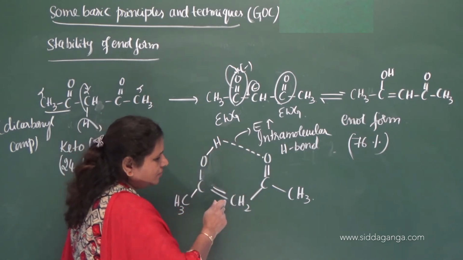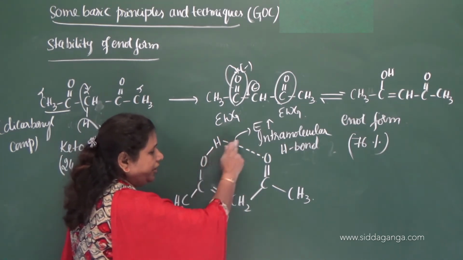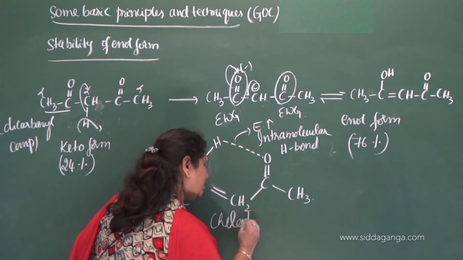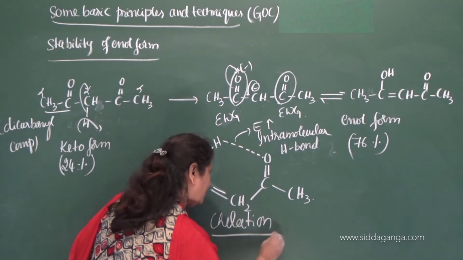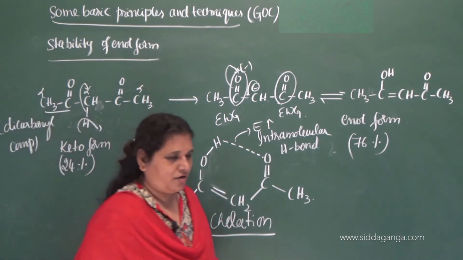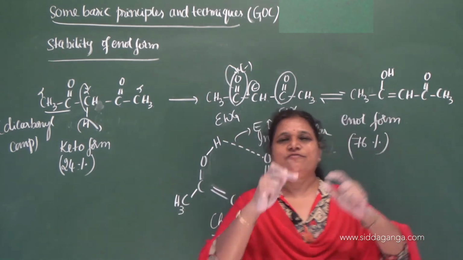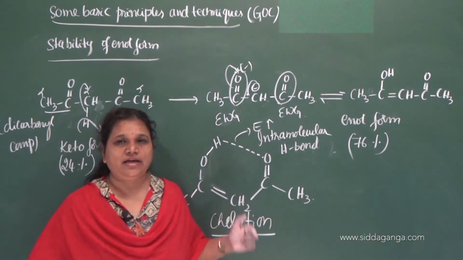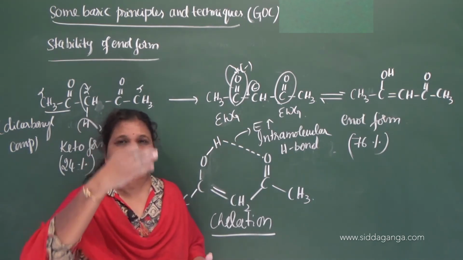Because of the intramolecular hydrogen bonding, a ring structure is formed and it is called chelation. What is this called? Chelation. Chelation is due to intramolecular hydrogen bonding. When the ring structure forms, the energy of the enol form decreases further and the stability increases.